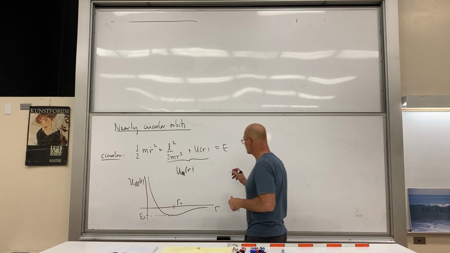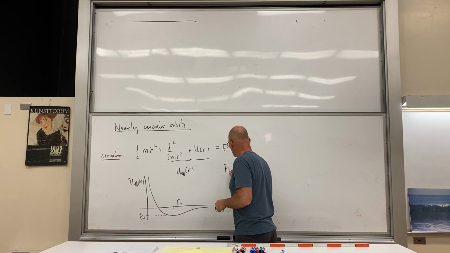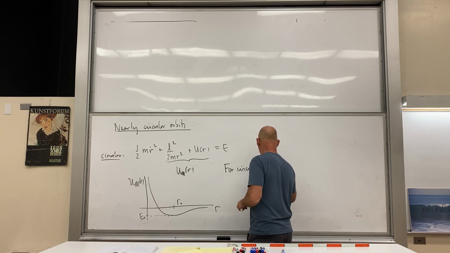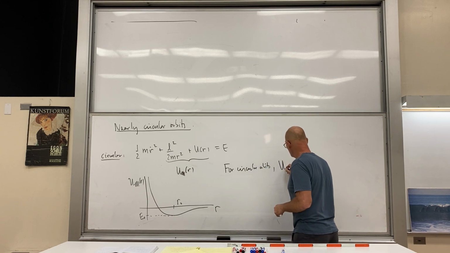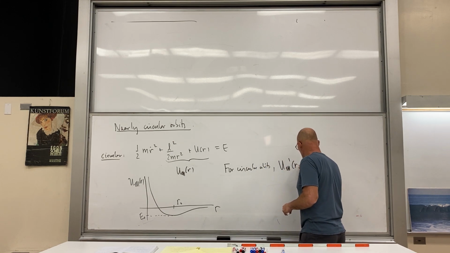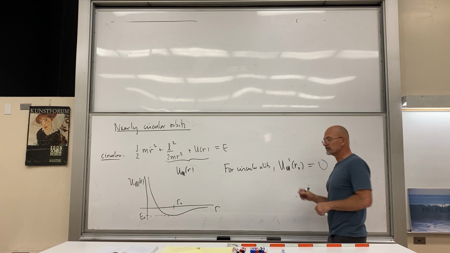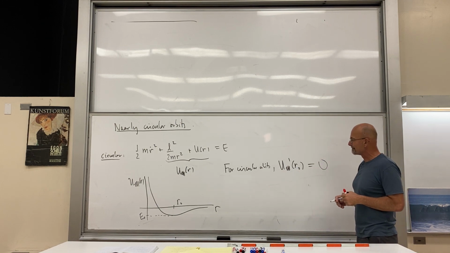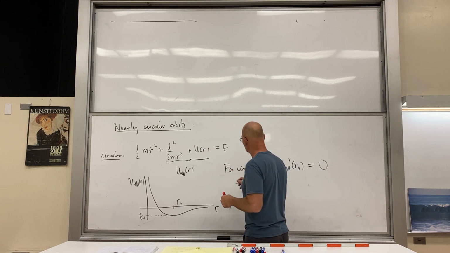So for circular orbits, U effective prime of R0 is equal to 0. First derivative criterion. Let's go ahead and do that.